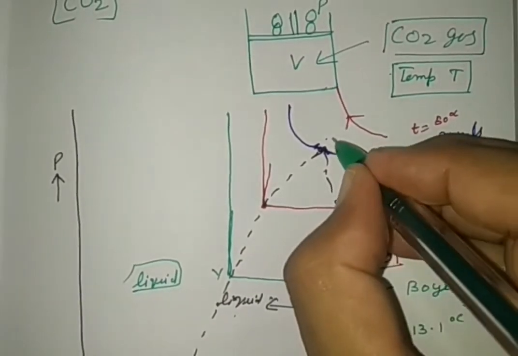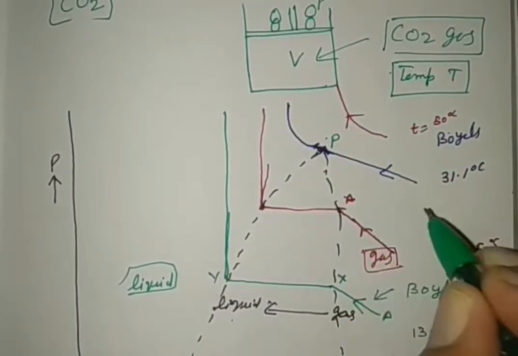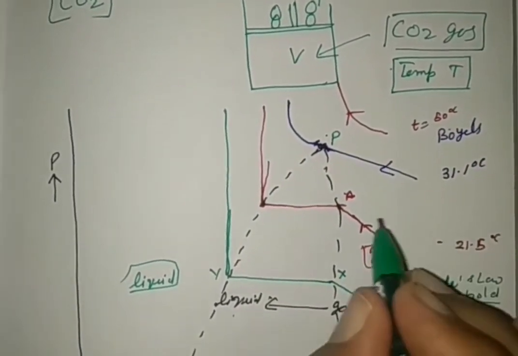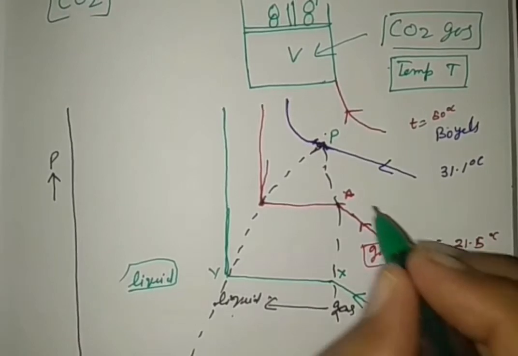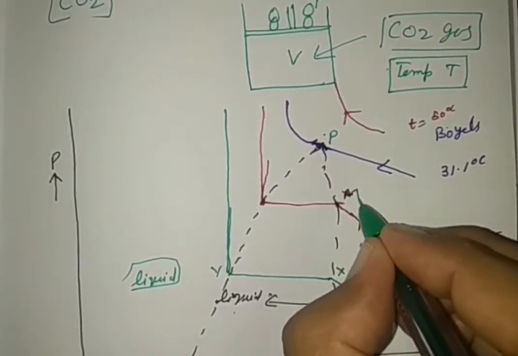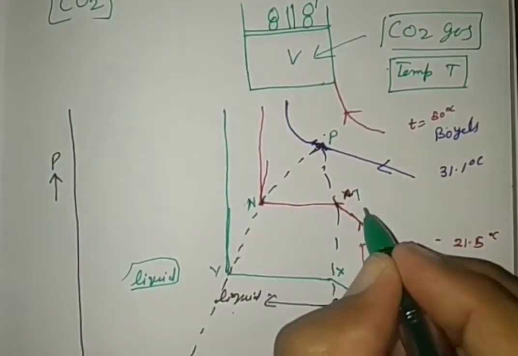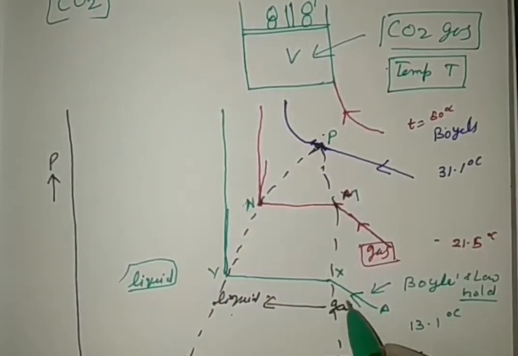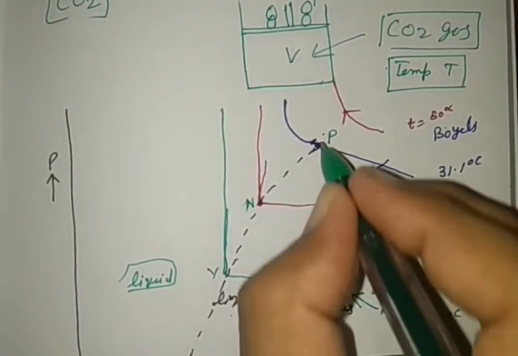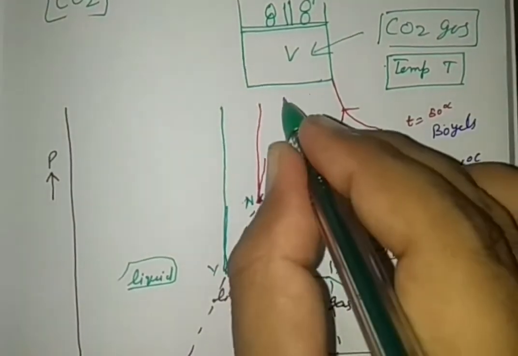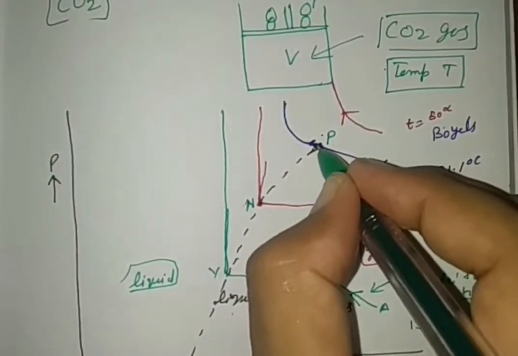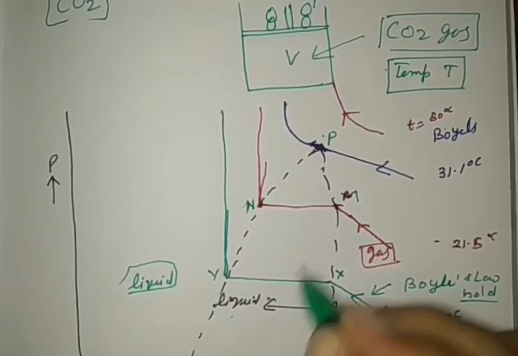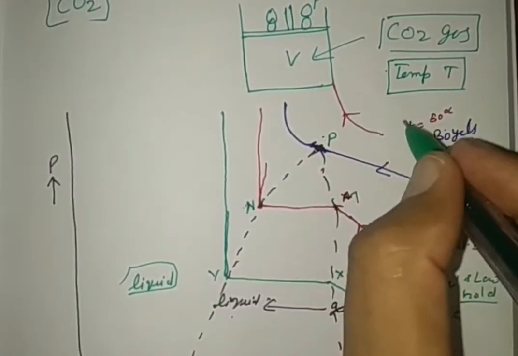This point P is considered here. This is point X, Y, and here we have considered the points, suppose M and N. In between M to N or X to Y, the gas is converting into the liquid. Up to here, it is converted into the liquid. Above this, no change.